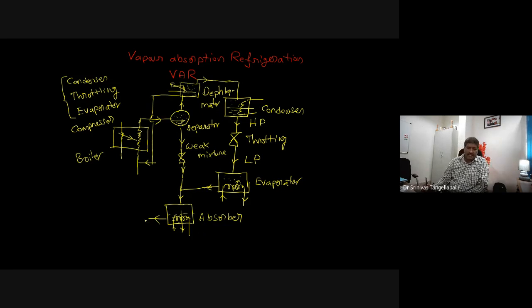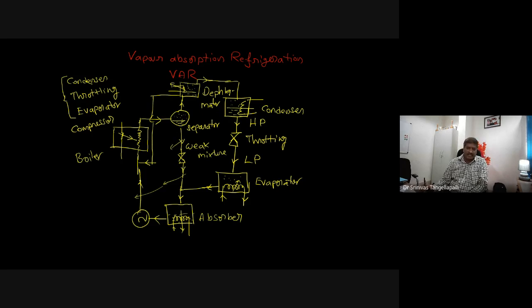So this can be pumped to the boiler, so you can keep some pump and that liquid enters the boiler. The temperature of this pumped solution can be increased by transferring heat from this fluid.